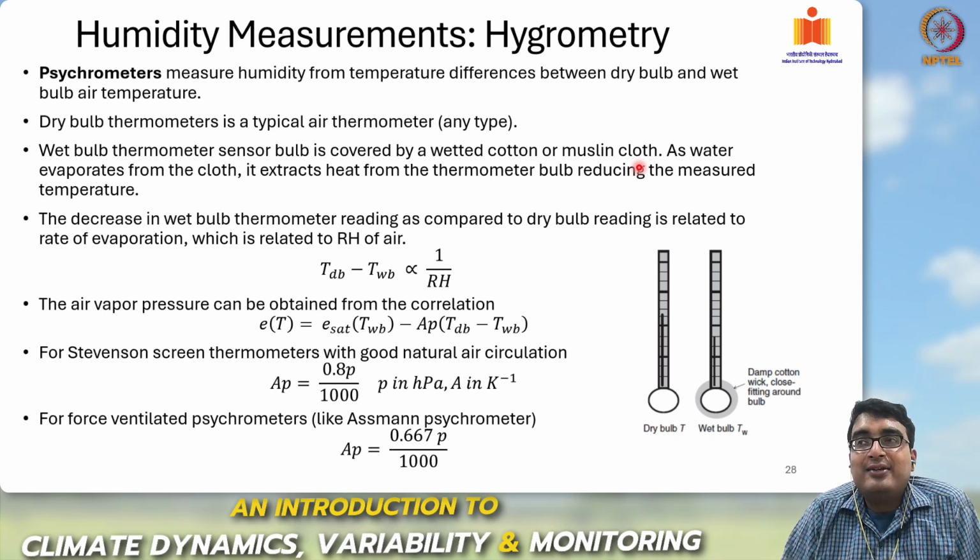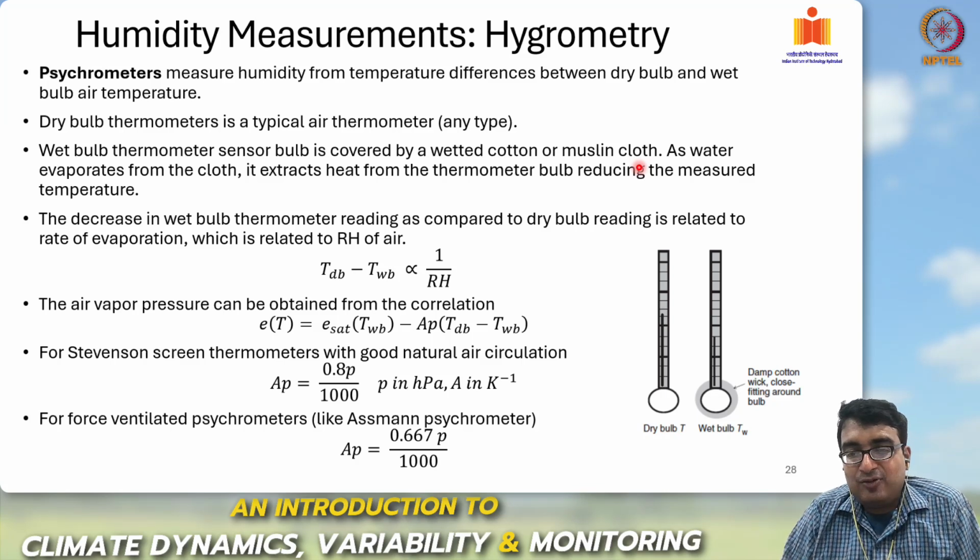So, the rate of heat extraction is dependent on the rate of evaporation of water from this wetted cotton fabric, which in turn depends on the relative humidity of air. If the relative humidity of air is high, the evaporation rate will be slow, so the heat extraction will also slow down and the wet bulb temperature will approach that of the dry bulb temperature.